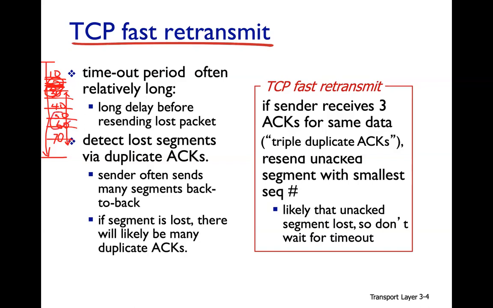Then when you get 50, you get another duplication. So when I get 3 duplicate ACKs, I will retransmit, since in most cases it looks like the segment with sequence number 20 has been lost. So this is the idea.